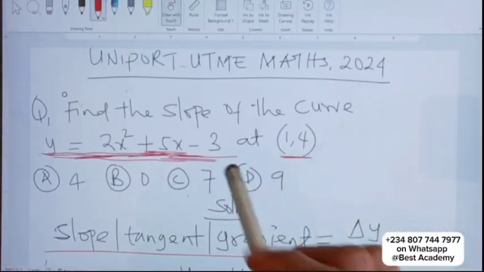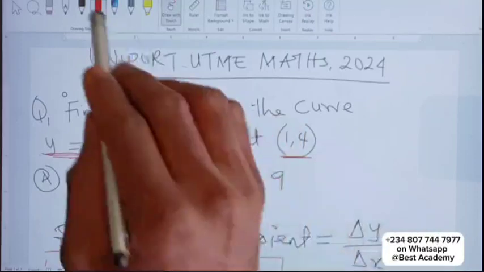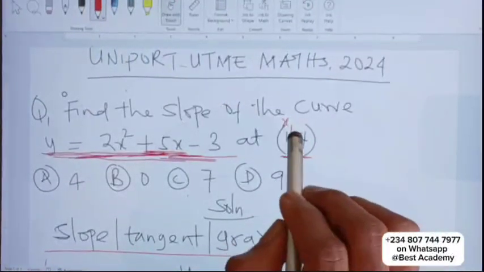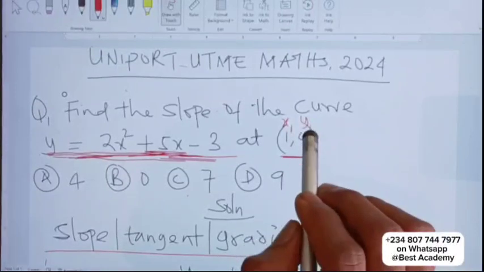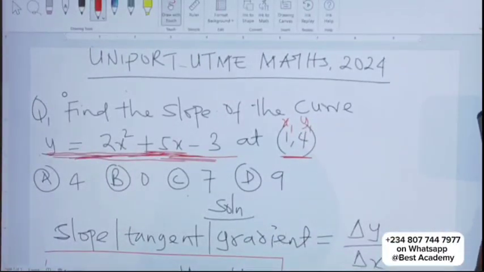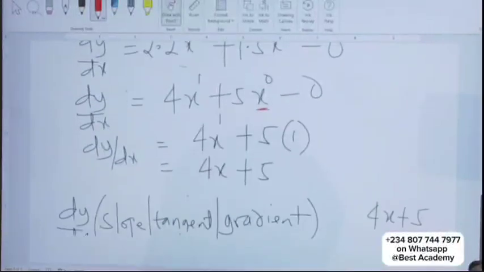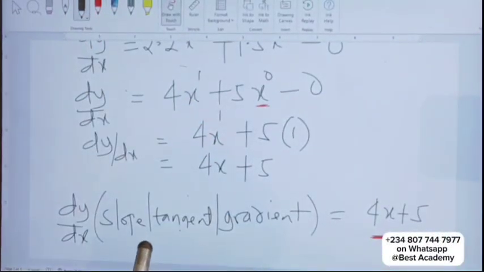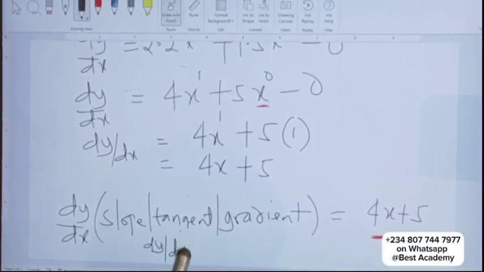Look at the question here, they said at (1, 4). The first coordinate here is s1 or s, and the second coordinate is y1 or y. So now let's replace s with 1. Our dy over dx will be equal to 4 into 1 plus 5. 4 times 1 gives us 4, plus 5. What is the answer? 9. This is our answer here.